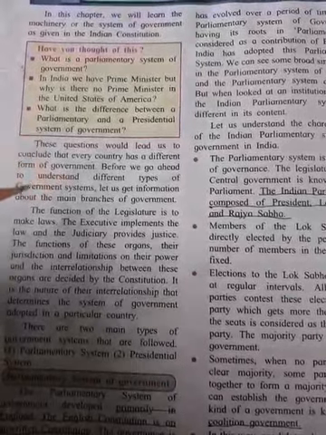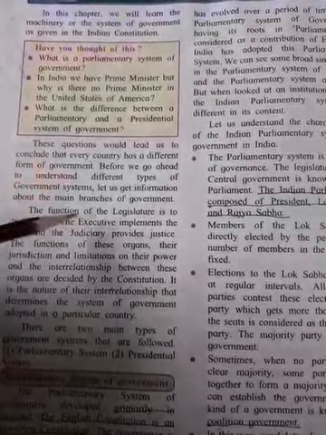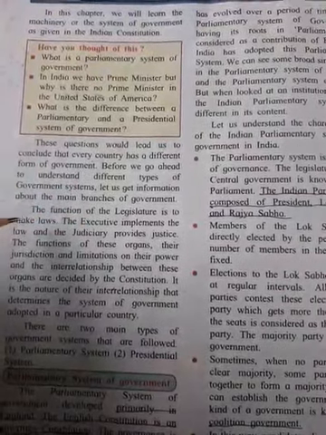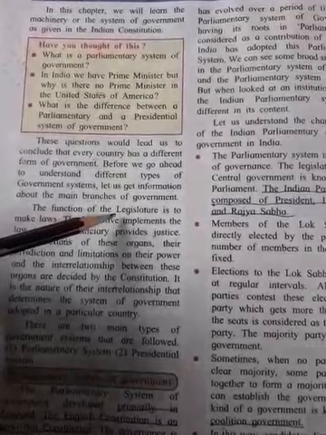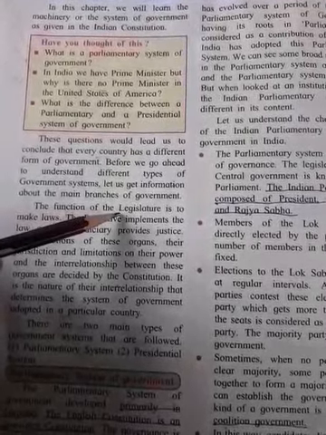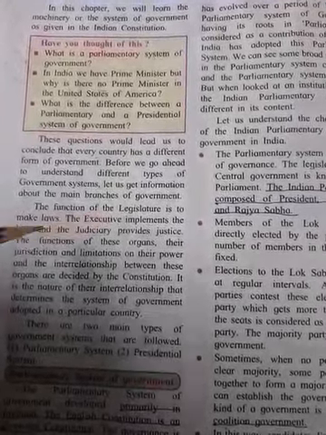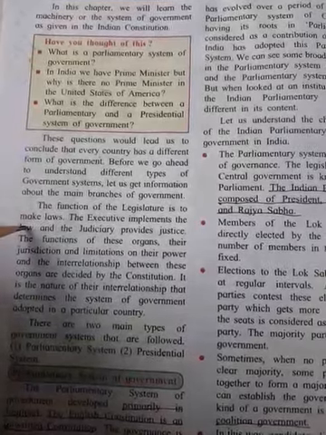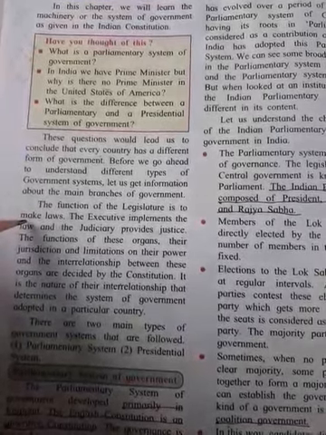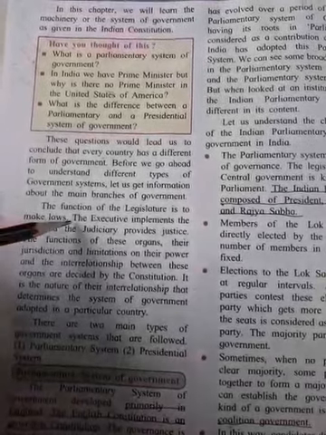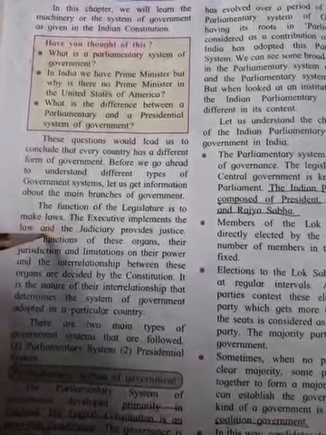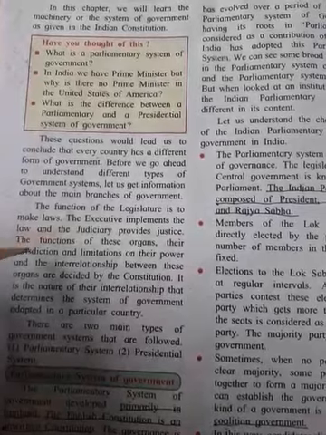The function of the legislature is to make law. The legislature, or the parliament, is a system, and its main function is to make laws for smooth administration. The executive implements the law and the judiciary provides justice.